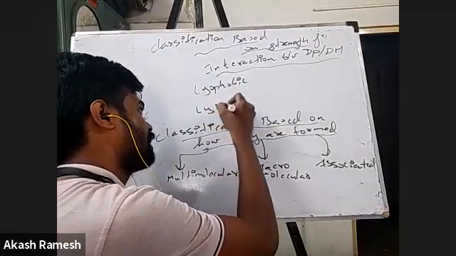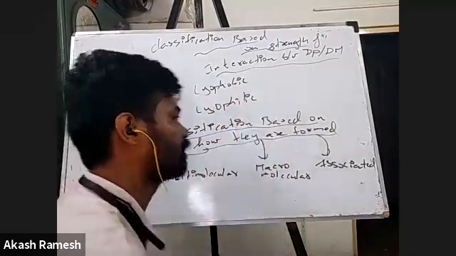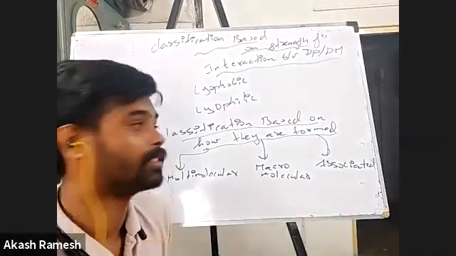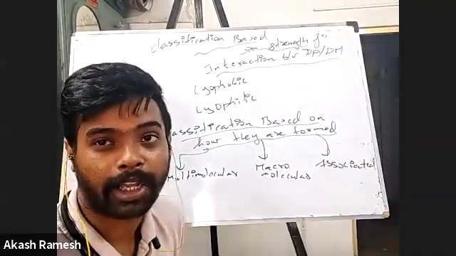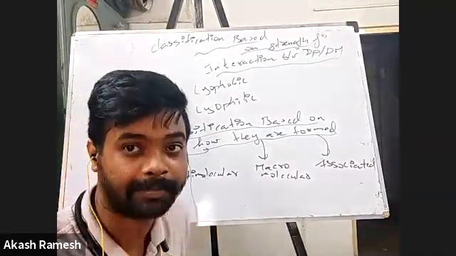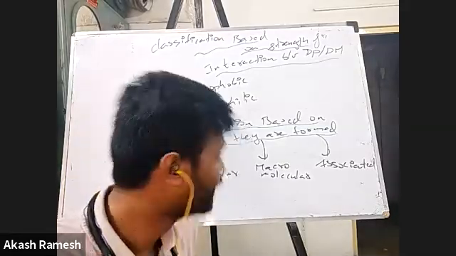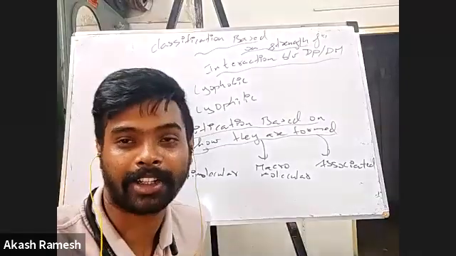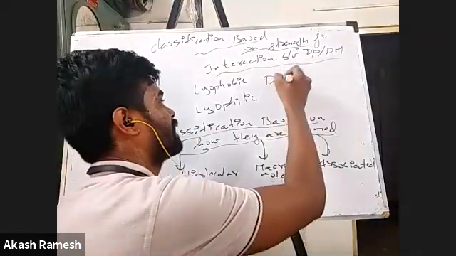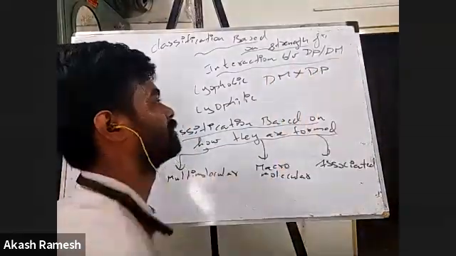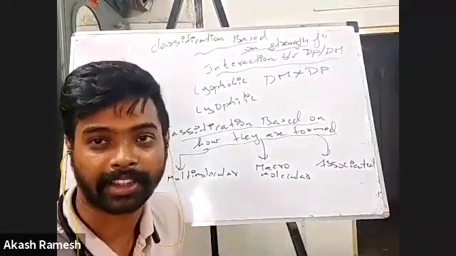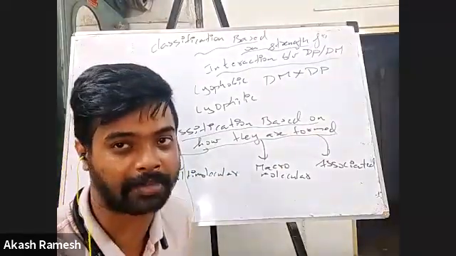The second category is lyophilic colloids, right? From the name you can understand phobia, right? Girls phobia or boys phobia. So lyophobic means the dispersed medium and dispersed phase hate each other. I put a cross mark indicating that they hate each other, but they still stay together, right?